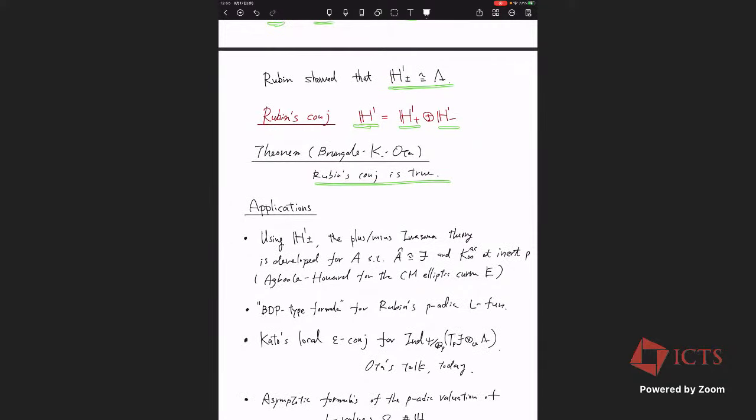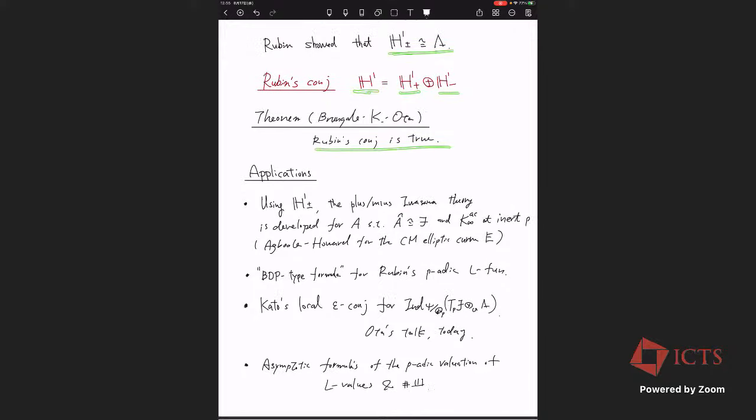Now I explain applications of Rubin's conjecture. First, using H^1 plus/minus, the so-called plus/minus Iwasawa theory can be developed for A with formal group F, in the anticyclotomic Z_p-extension, for p inert.